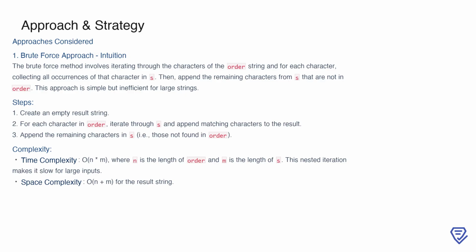While this approach is straightforward and easy to understand, it's inefficient for larger inputs due to its nested iteration. Specifically, the time complexity is O(n*m), where n is the length of order and m is the length of s. Since we examine each character in order and for each one check all of s, this redundancy makes it slow. Additionally, the space complexity is O(n+m) to store the result string, which may also be a concern for very large inputs.